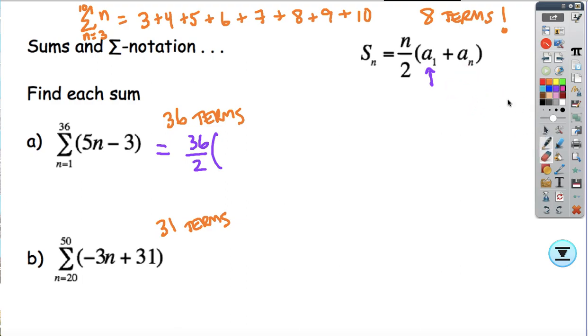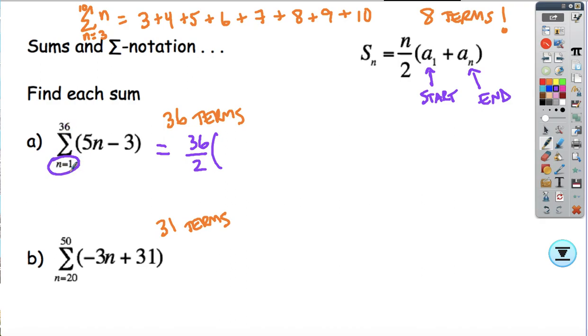Just reminding you of what these stand for. This is your starting term. This is your ending term. How do I figure those out? My starting term is not a 1. My ending term is not a 36. It's what I plug in.